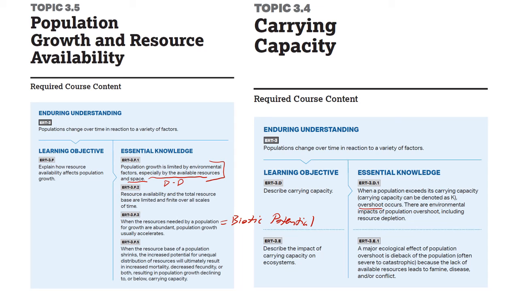And a major ecological effect of population overshoot is dieback of the population. So that population has to correct below carrying capacity levels, and that is often severe or catastrophic. And that is due to, again, famine, disease, competition, conflict, etc.